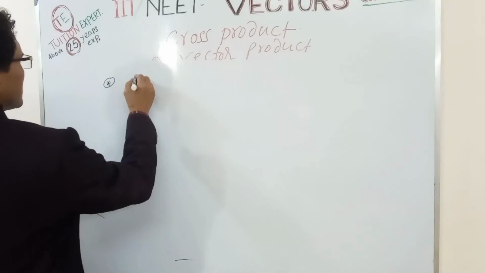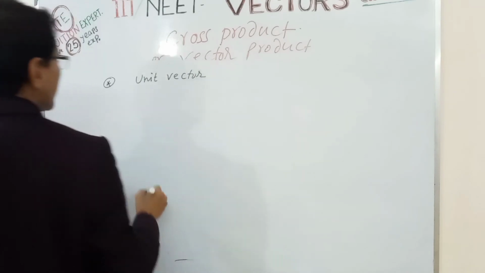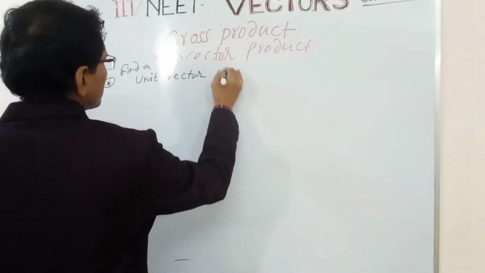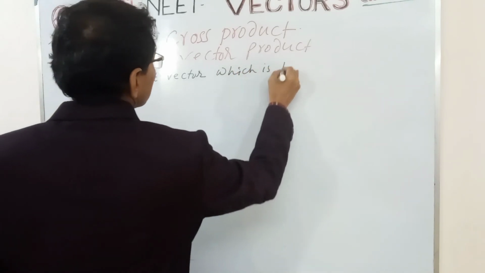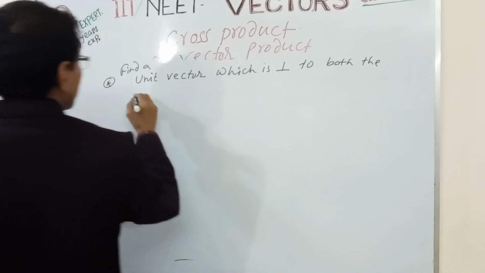Next: find a unit vector which is perpendicular to both the vectors.